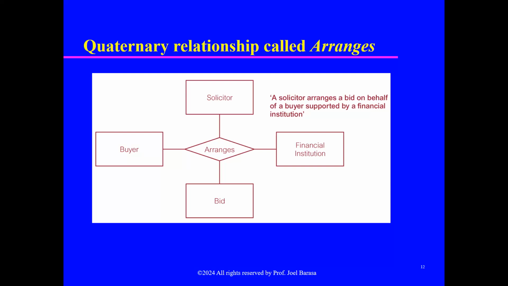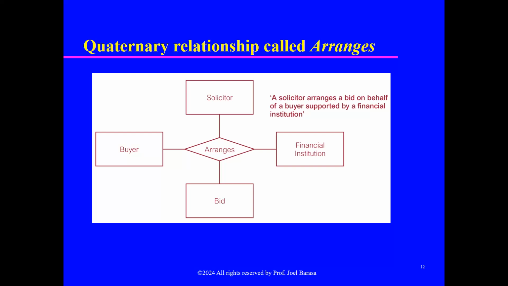A buyer has financial institutions. So a buyer can send a bid to financial institutions, and this can be two or many. That means that a solicitor arranges a bid on behalf of the buyer, supported by the financial institution.